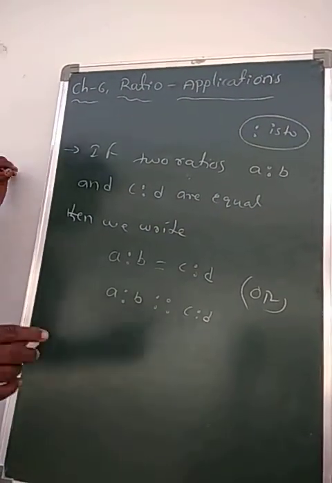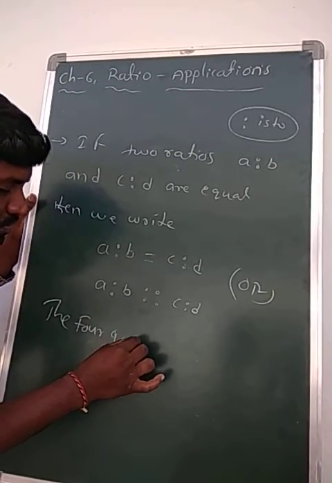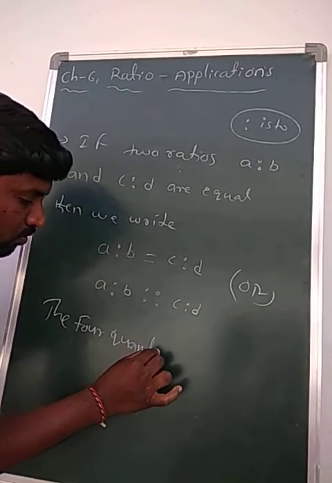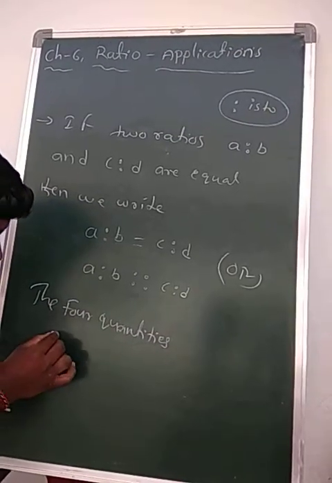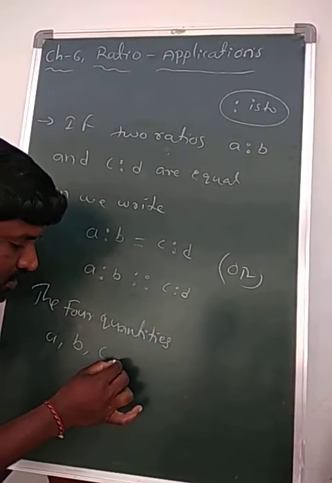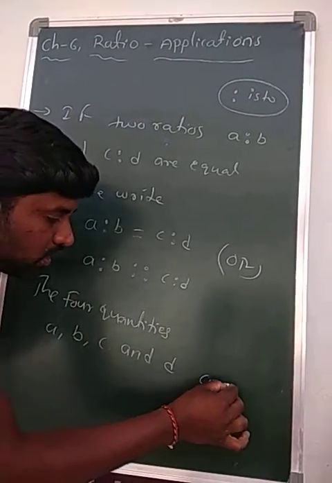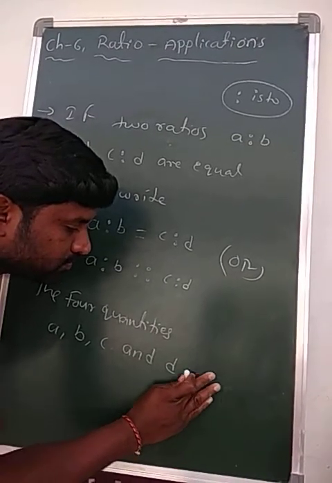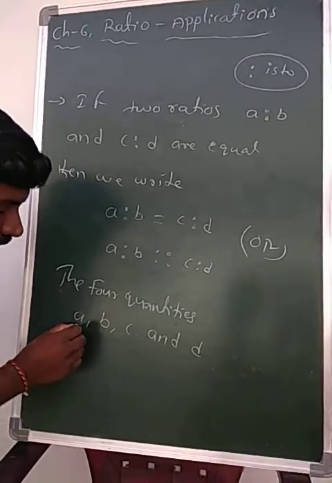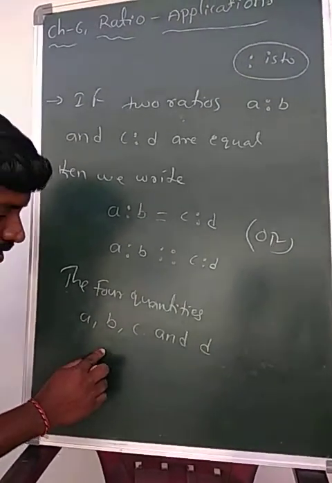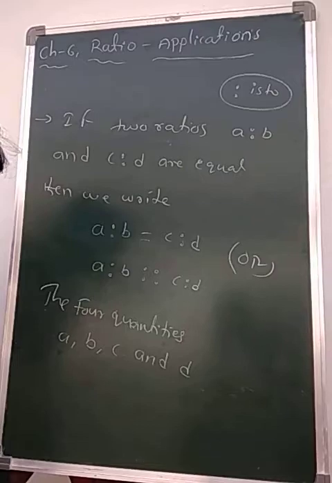Clearly, the four quantities A, B, C and D are the four terms. A is called the first term, B is called the second term, C is the third term and D is the fourth term.